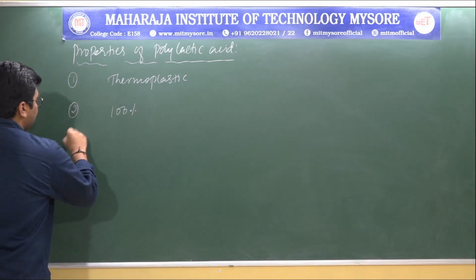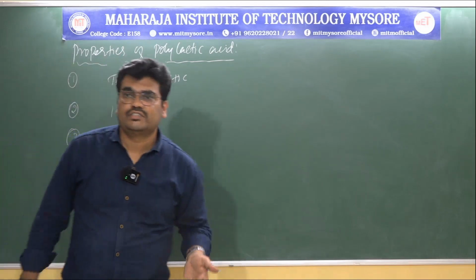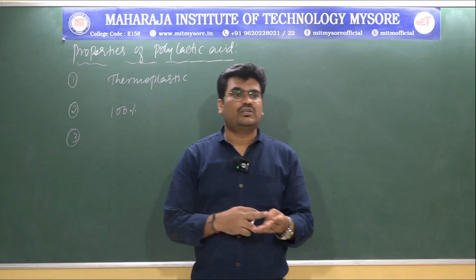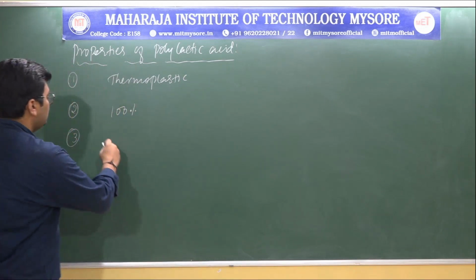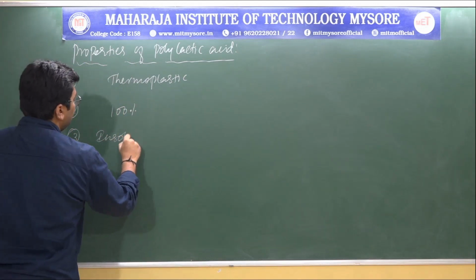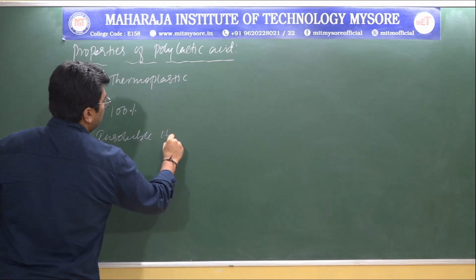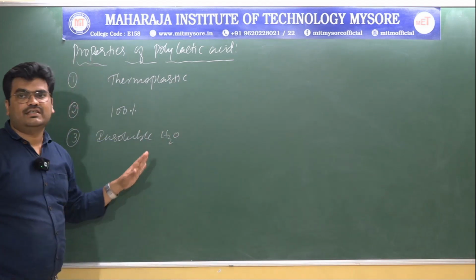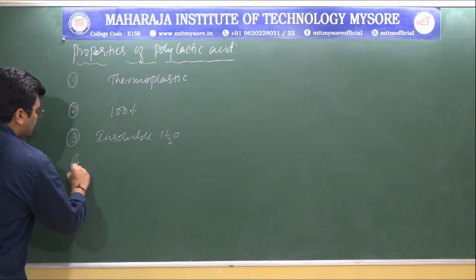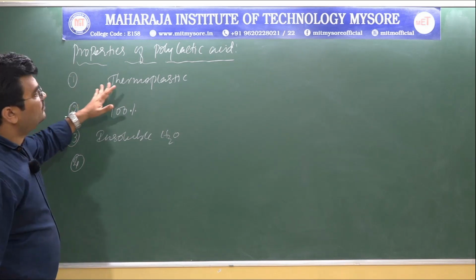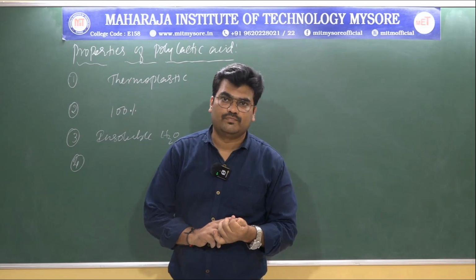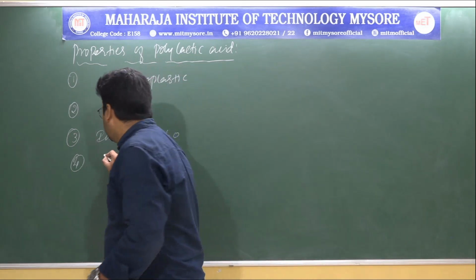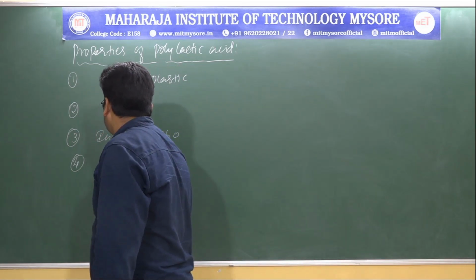And coming to the third property, it is insoluble in water and moisture, and it is grease resistant, right? The fourth property of polylactic acid is that it is biodegradable and compostable, that I already told.